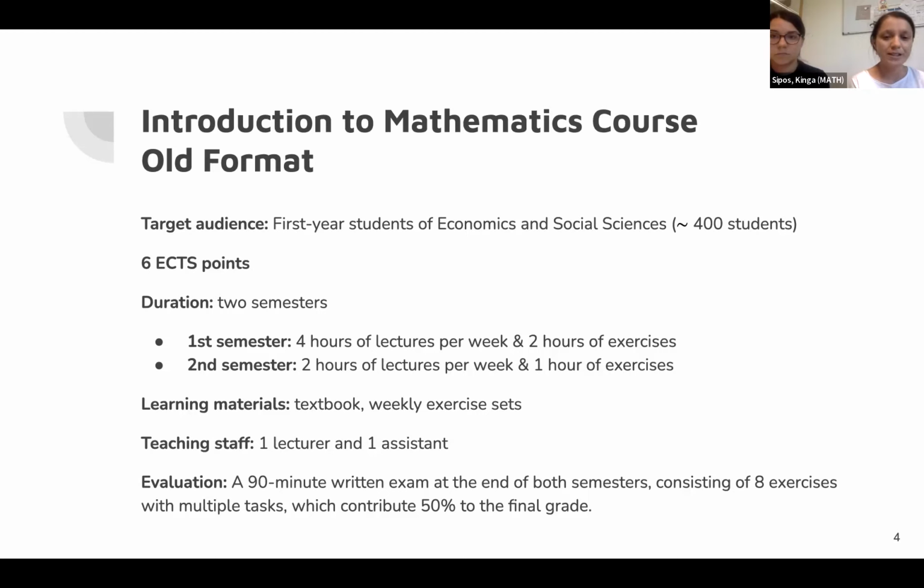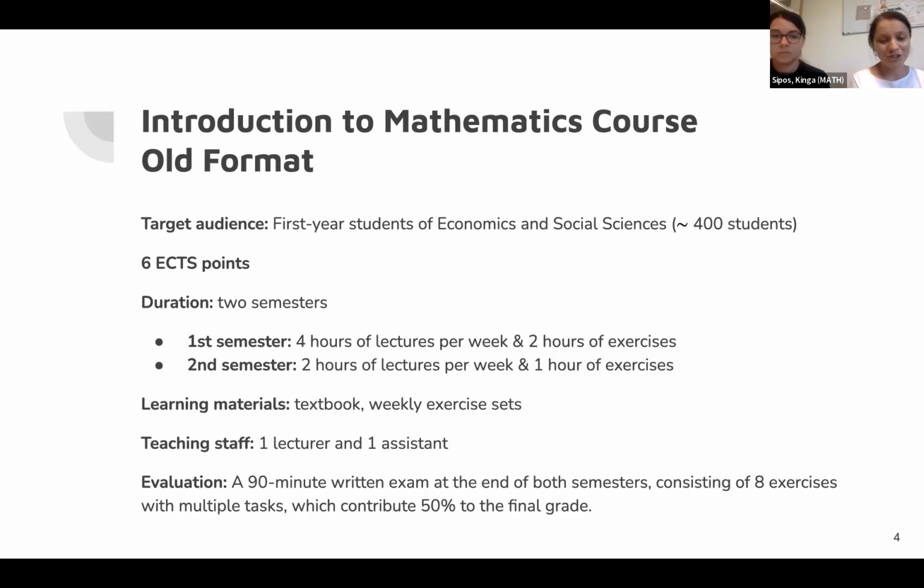In the first semester, we have 4 hours of lecture and 2 hours of exercises. In the second semester, we have half of these activities, so just 2 hours of lecture and 1 hour of exercises. Classically, as learning materials, we use the textbook and weekly exercise sets, which are then discussed with the assistant.